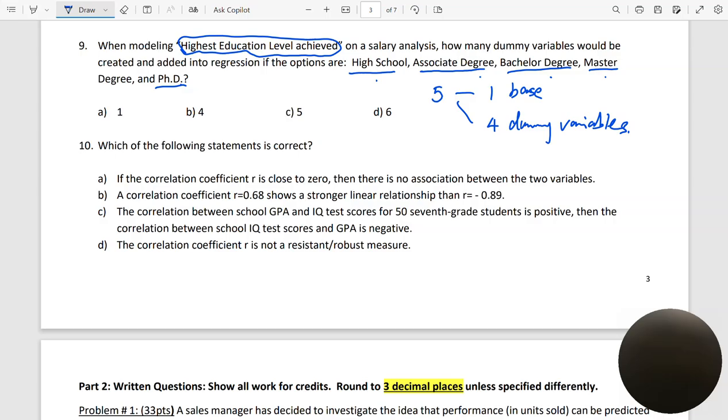All right, okay, so then number 10, which of the following statements is correct? Right, so if you look at these 4 options, they are all about what? They're all about the correlation coefficient R, right?